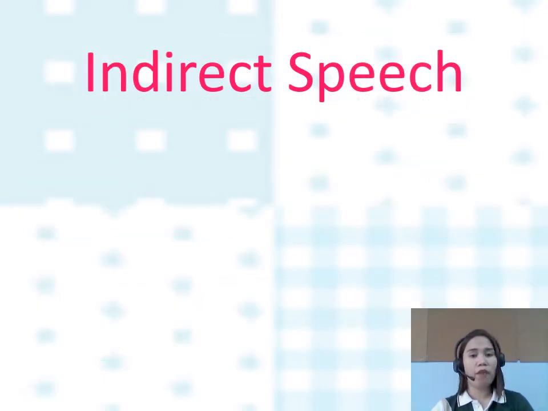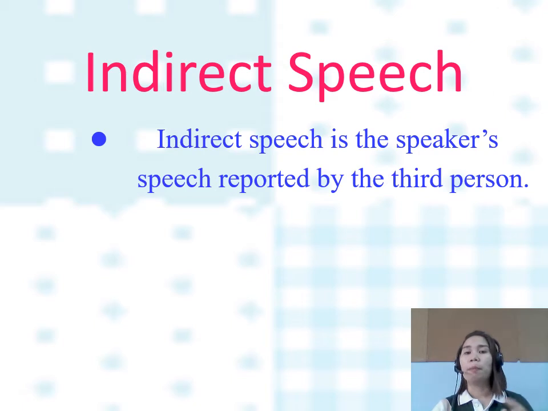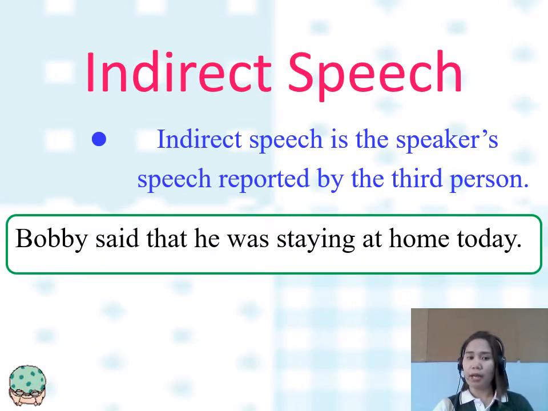And now let's have indirect speech or reported speech. Indirect speech is the speaker's speech reported by the third person. On the other hand, the second statement in the previous slide is an example of indirect speech. It is, Bobby said that he was staying at home tonight.